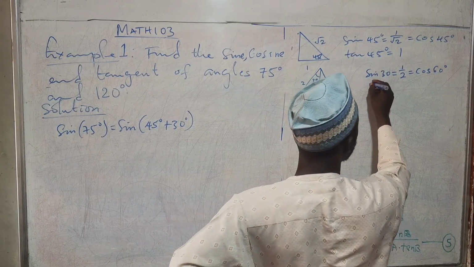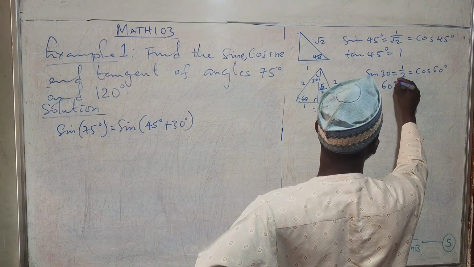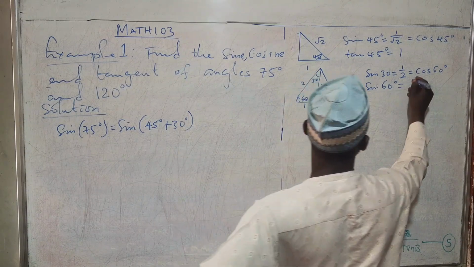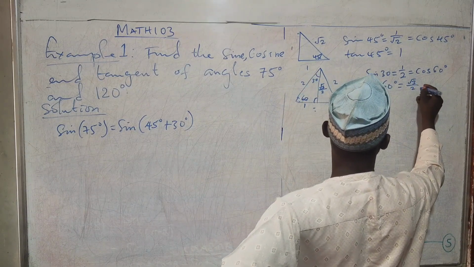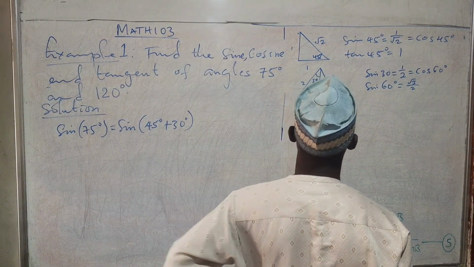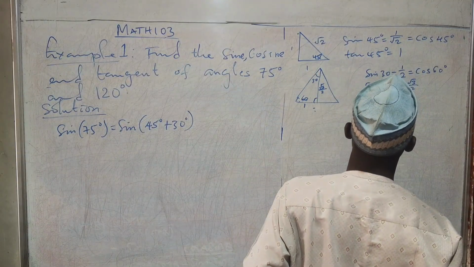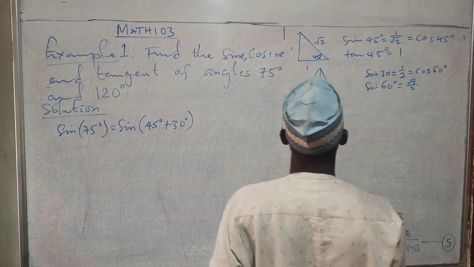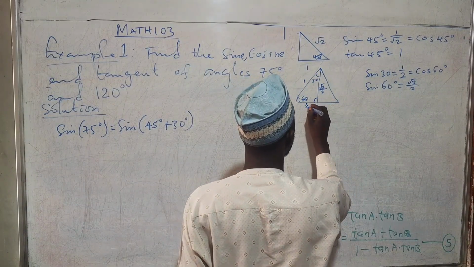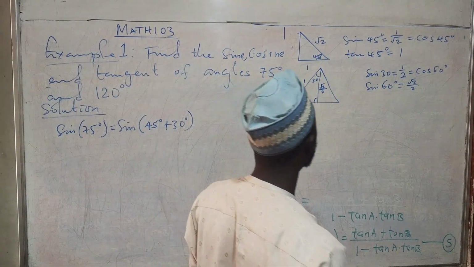And you have sine 60, which is the opposite of 60, root 3 over 2, divided by the hypotenuse. Let me take it like that: here is 1, here is 1 over 2, here is root 3 over 2.